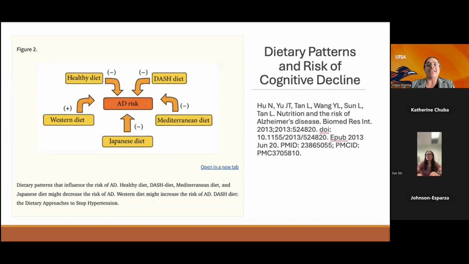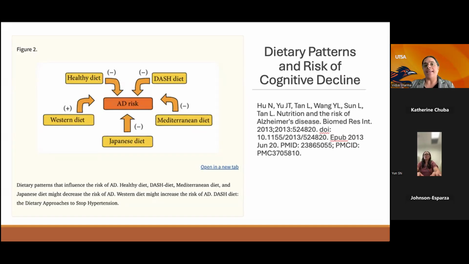Wherever you see the plus sign, it indicates that when people consume more of those diets, it increases their risk for cognitive decline. And on the other hand, wherever you see the minus sign, it indicates that you're lowering your risk for cognitive problems.